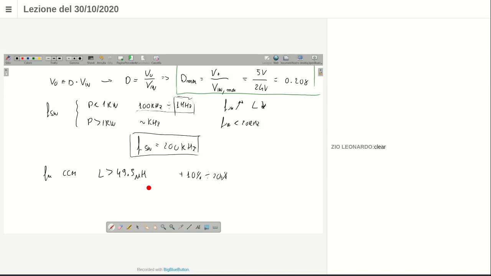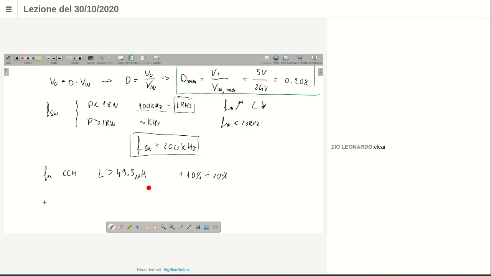Not too much, because as we have already said, if we choose larger inductors, we increase cost and we increase the size of the converter, so this should be avoided. Let's say that a 10–20% margin can be reasonable. Okay.